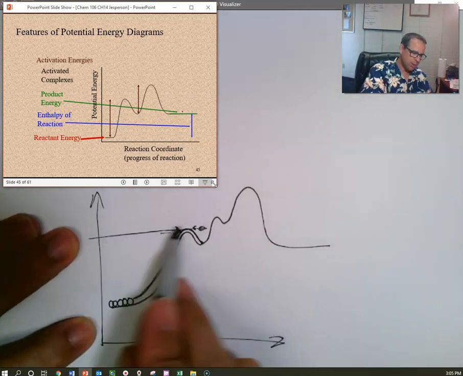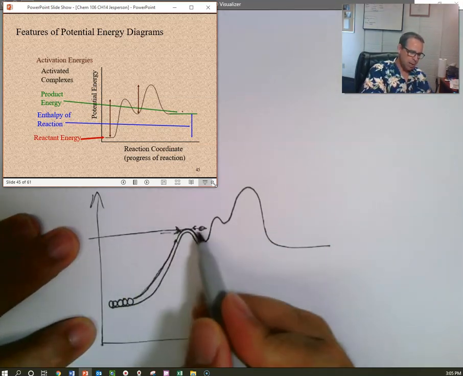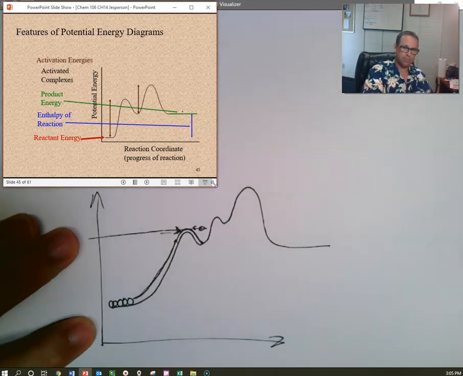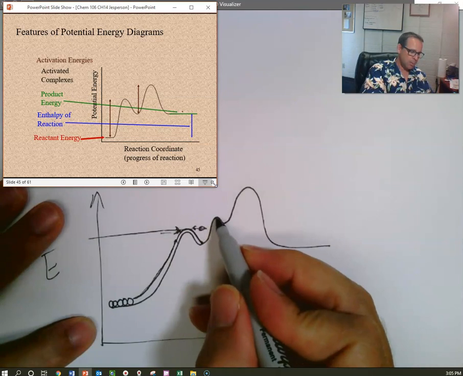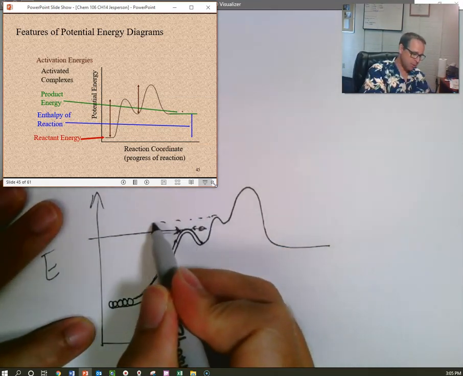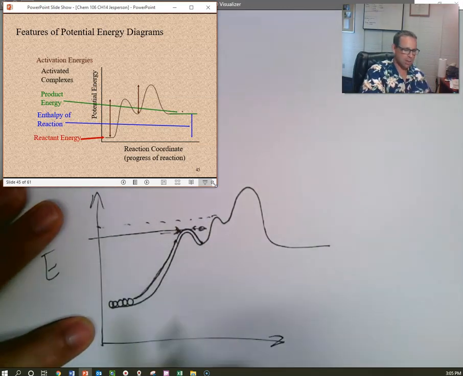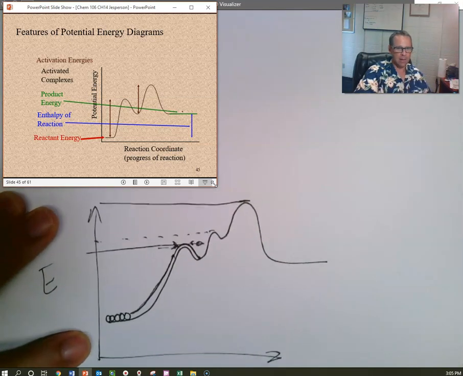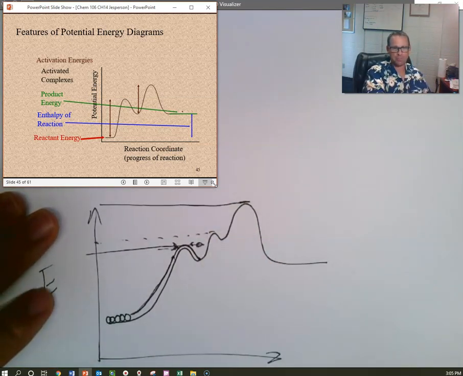So if I give it enough energy to get this high, these balls can go back and forth to this point right there, right? They won't be able to get over that, because I need to raise the energy even further to that point for them to get over there, and they won't be able to get over this until I raise the energy high enough for the balls to get over there.